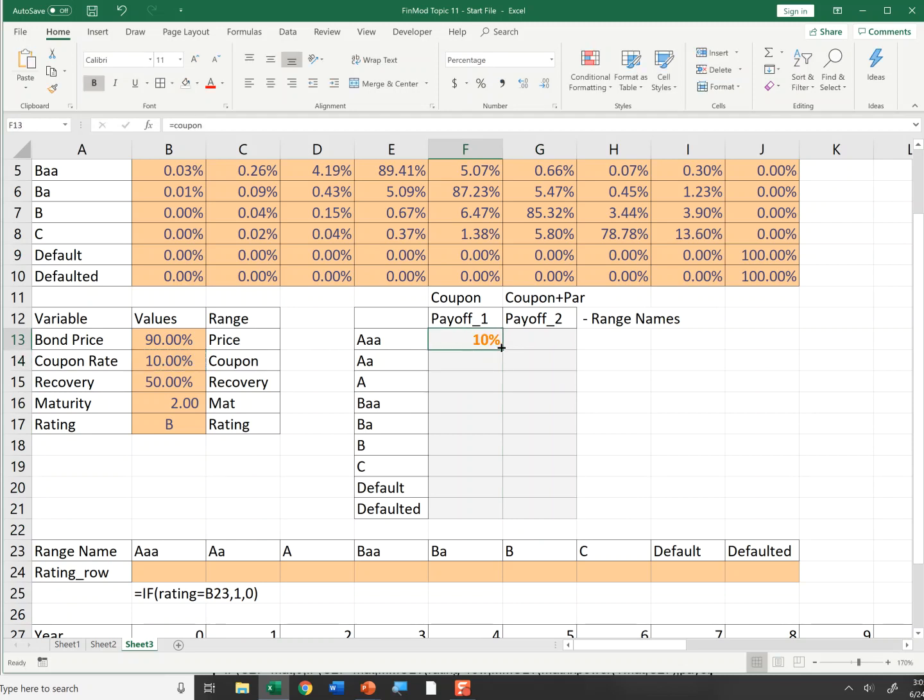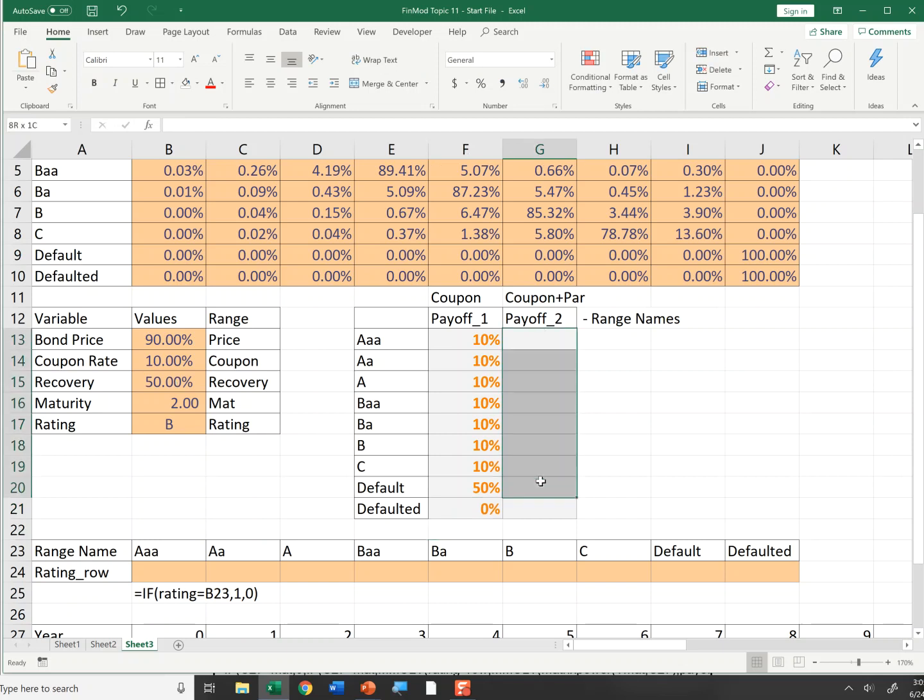So as long as the bond is not matured and it's not in default or defaulted, I'm going to get 10% of my coupon, or 10% of par, which is just the coupon rate. If it defaults in that period, I'm going to get recovery. If it's already defaulted in that period, I'm going to get 0.